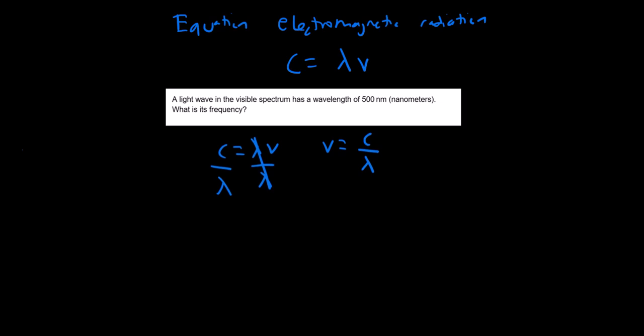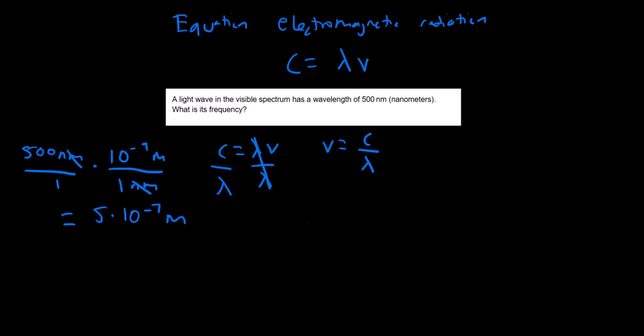So we're going to convert that 500 nanometers into meters. The prefix modifies the base unit, so nano is 10 to the negative 9, so 10 to the negative 9 meters over 1 nanometer. The nanometers cancel out, and we're left with 5 times 10 to the negative 7 meters.